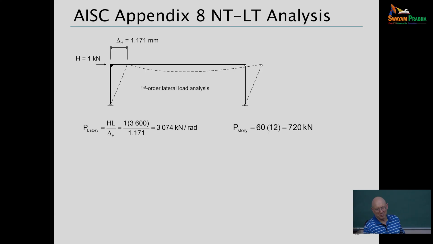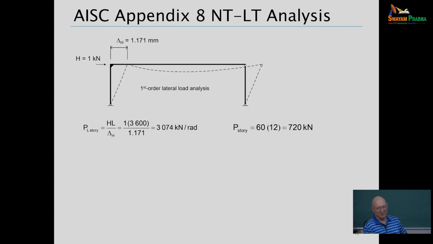So let's hit it with a unit load. It would displace by 1.171 millimeters under that unit load here on this frame. And so we can calculate the story stiffness, P_L story, here from that: 1 times the story height divided by that side sway deflection. So P_L story is 3,074 kilonewtons per radian.